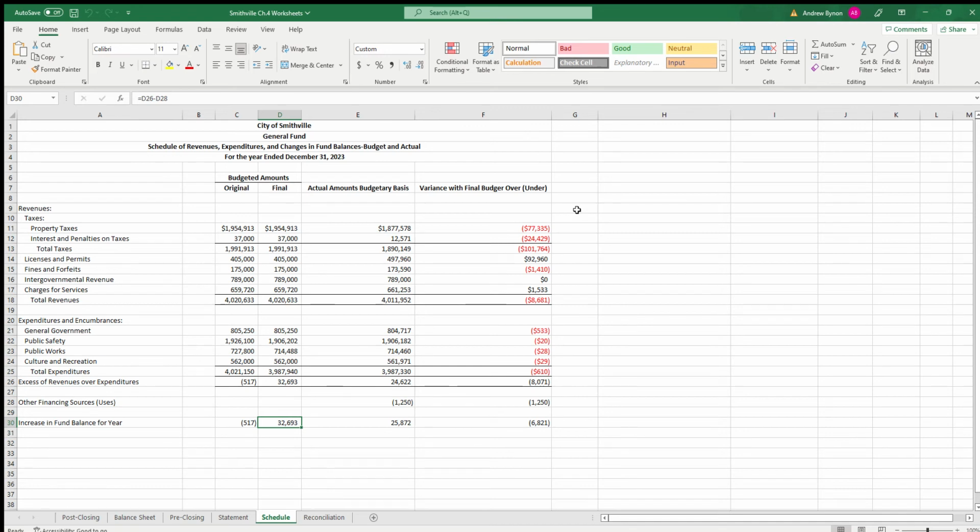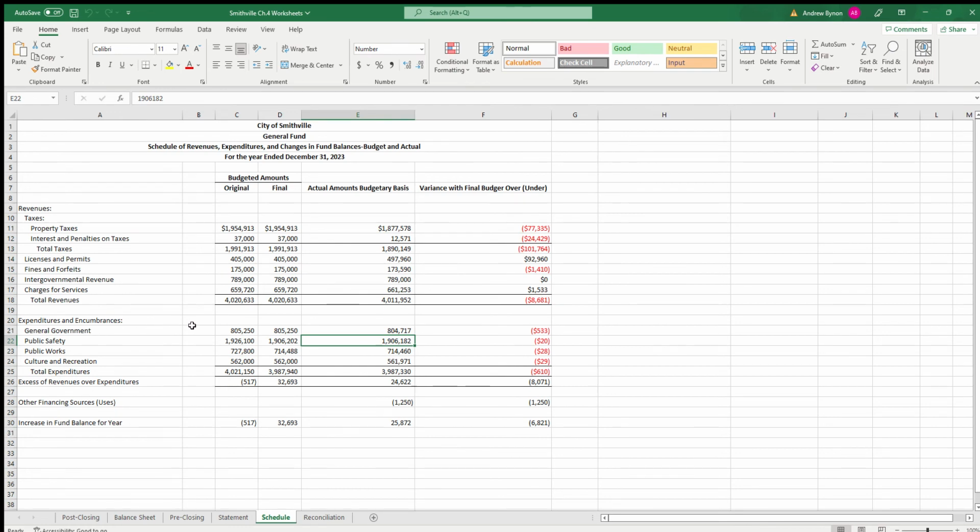And I will be honest, I had trouble trying to figure this one out while I was looking at the example listed in the book. The book didn't do too well to explain what goes where, so from trial and error, I went with the revenue amounts here, estimated revenues here, subtracted the final amount from the actual amount, got the variances here.